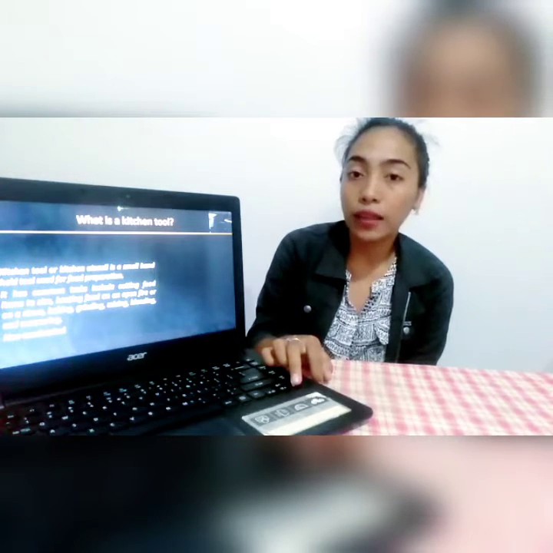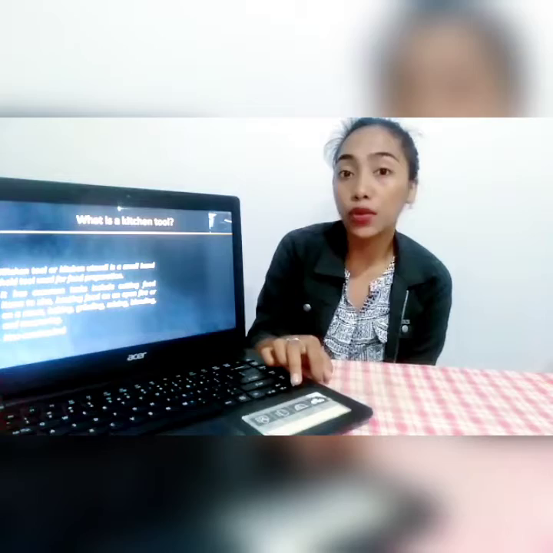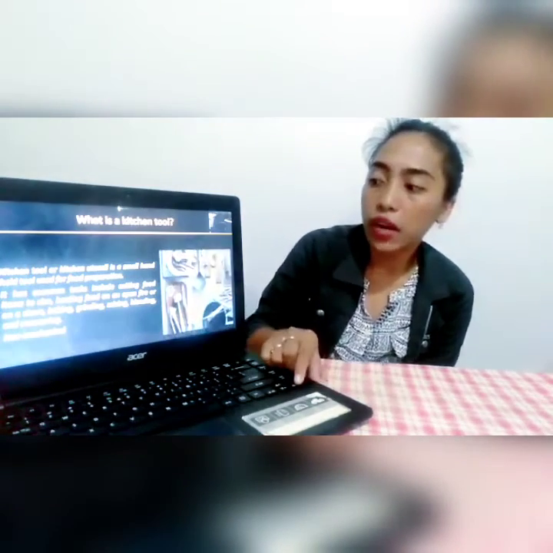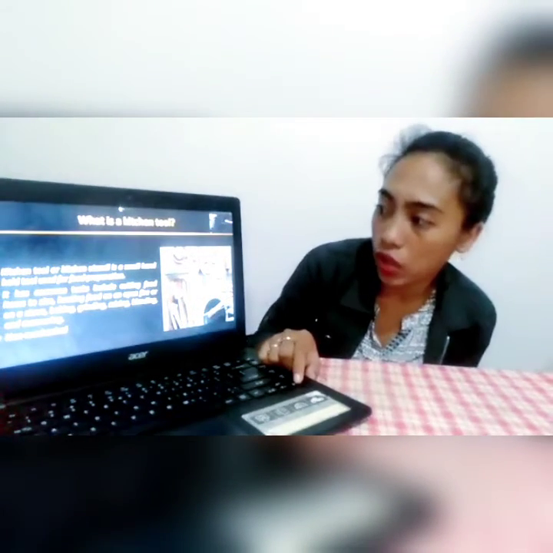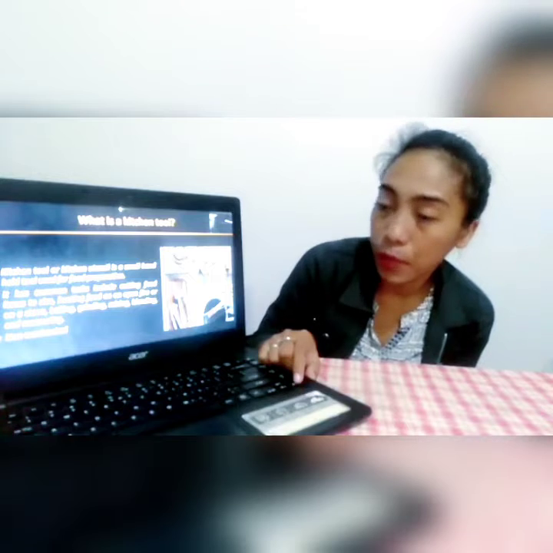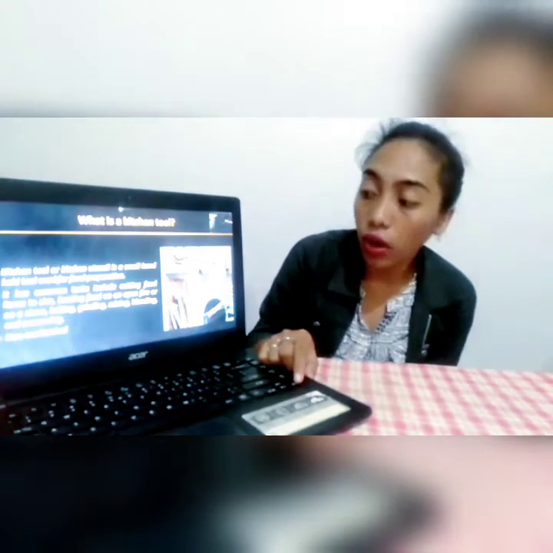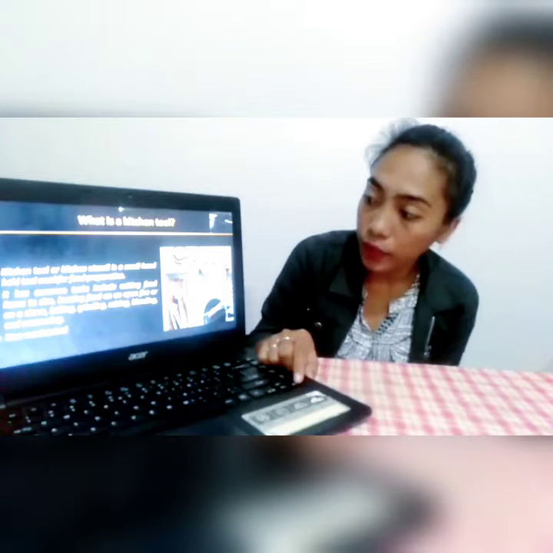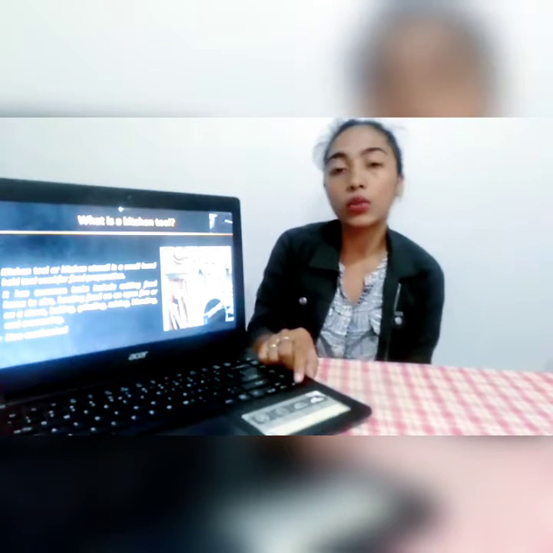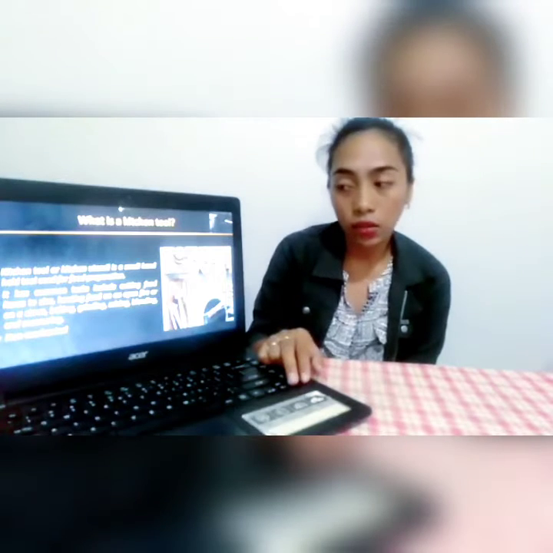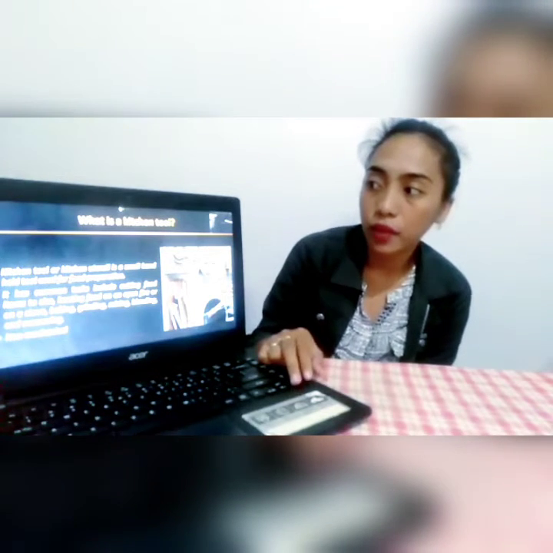Here are examples of kitchen tools. The pictures shown in the PowerPoint are kitchen tools that we commonly see in our kitchen.